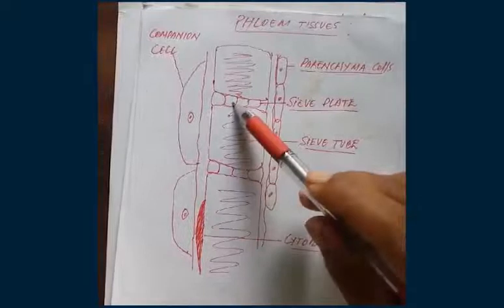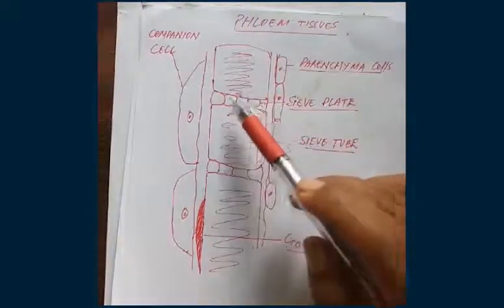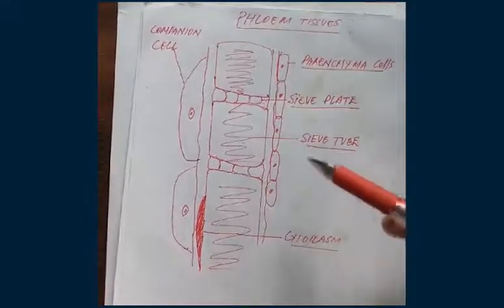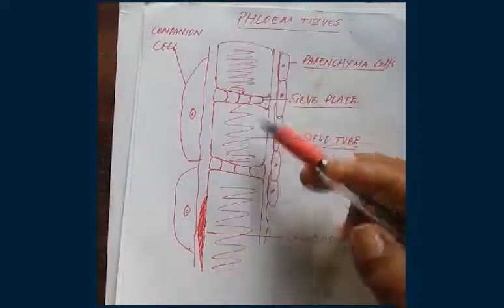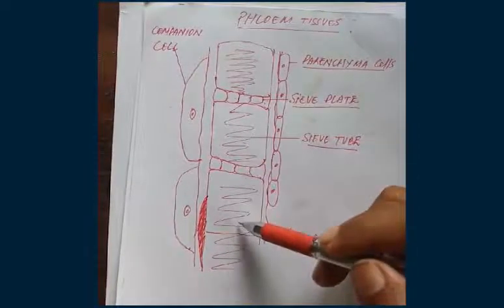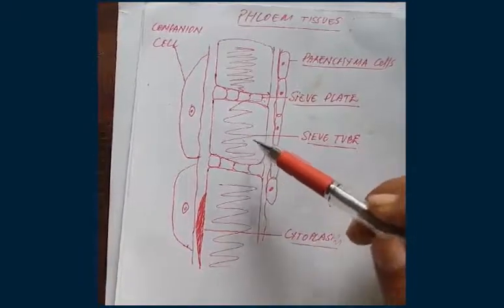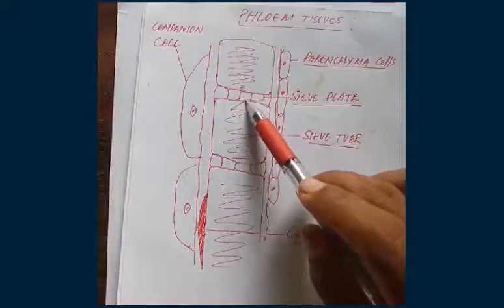They have the sieve plate, and these zigzag lines are the sieve tubes. Transportation of food takes place in this area. This is the sieve or conducting cells, as we know. This is the sieve plate.